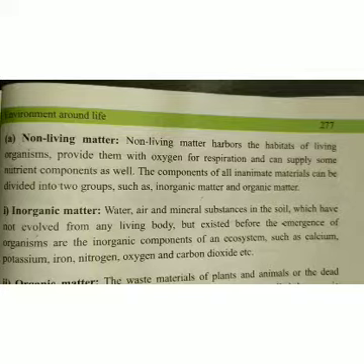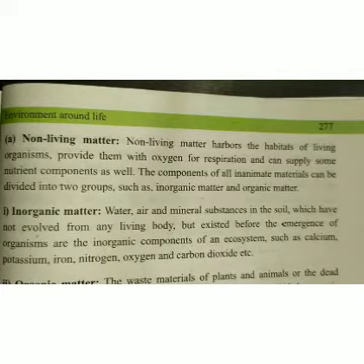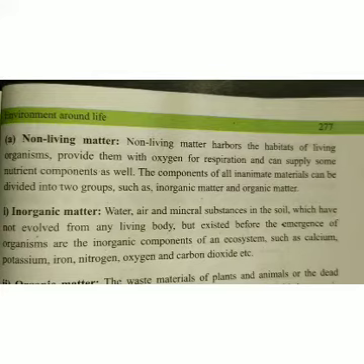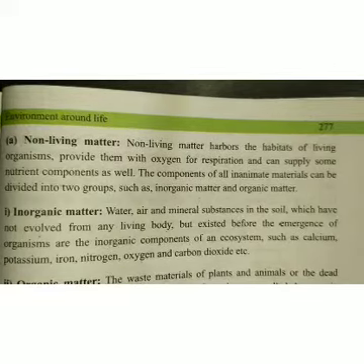At first, inorganic matters. Water, air, mineral substance in the soil which have not evolved from any living body but existed before the emergence of organisms are the inorganic components of any ecosystem, such as calcium, potassium, iron, nitrogen, oxygen, and carbon dioxide, etc.